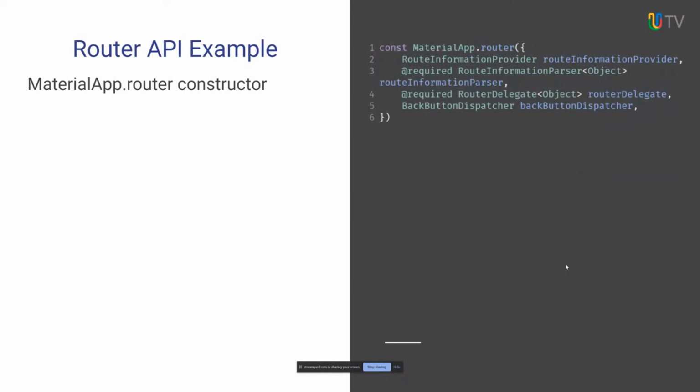Again, these are just passed on to the router. And then the router is used in place of a navigator widget inside the Material App. Underlying Material App is WidgetsApp, but basically instead of using a navigator, it now uses a router. And it's up to you to provide a navigator widget configured however you want inside of your router delegate.